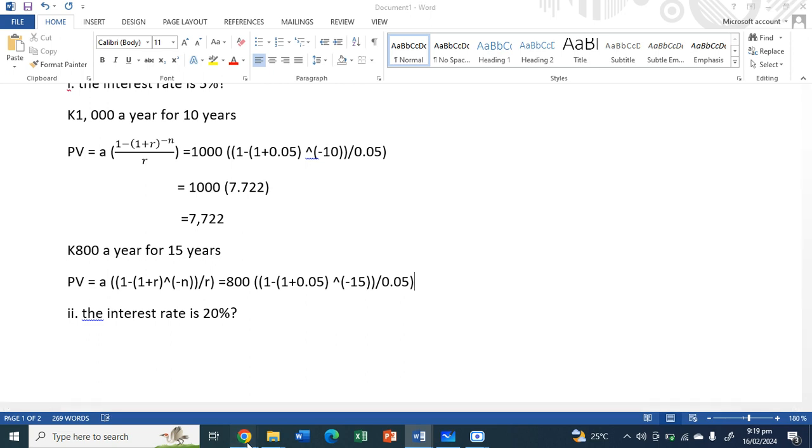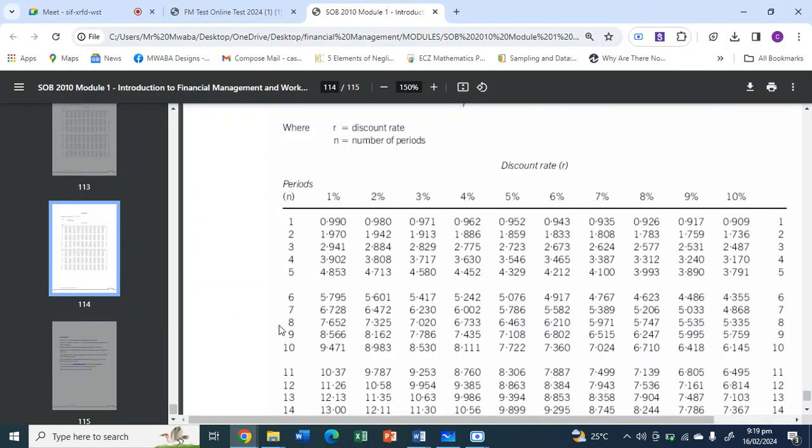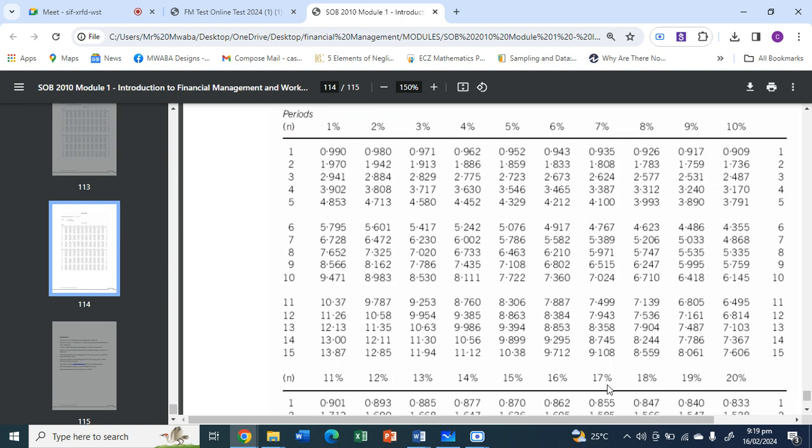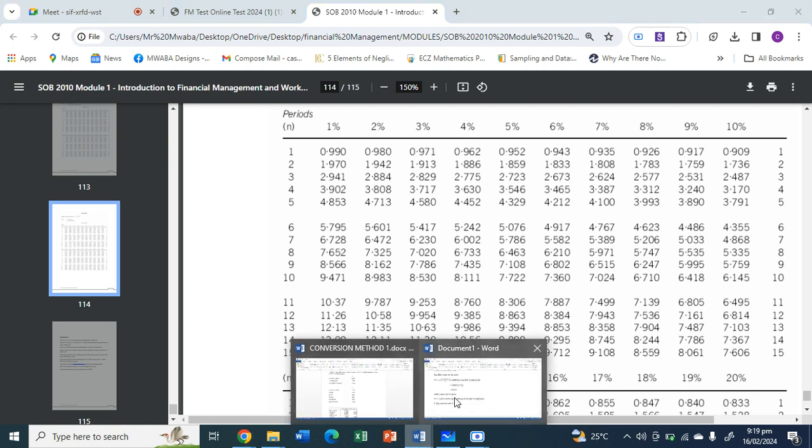So same thing, you go to the annuity tables, all right? They've told us 5% for 15 years. So 15, we look for the number of periods. 15 is here, 5% is there. We get 10.38. Yes, 10.38.